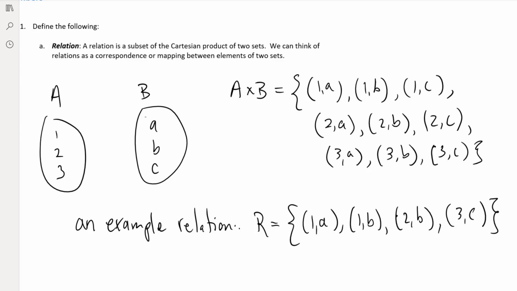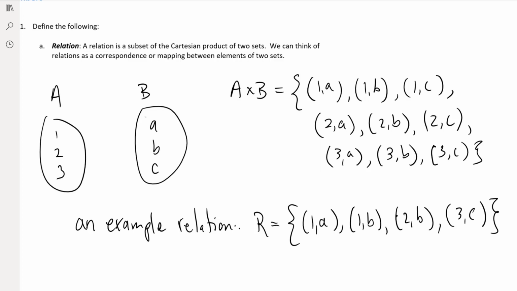By forming this subset of the Cartesian product, I actually have a correspondence between the sets, which I can indicate graphically with lines, specifically because these are ordered pairs. You can even add a little arrow in your correspondence.